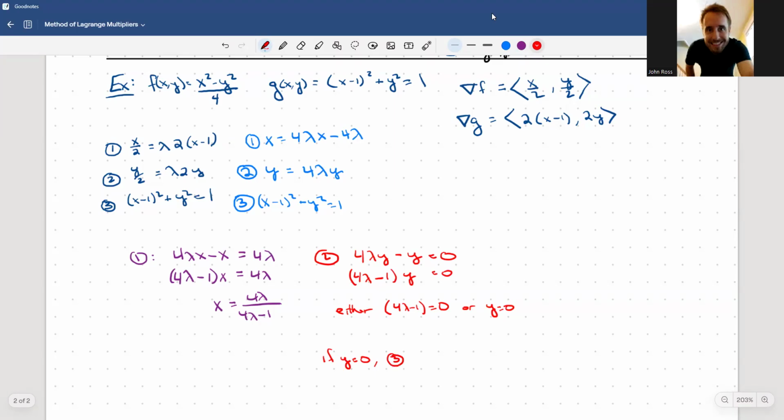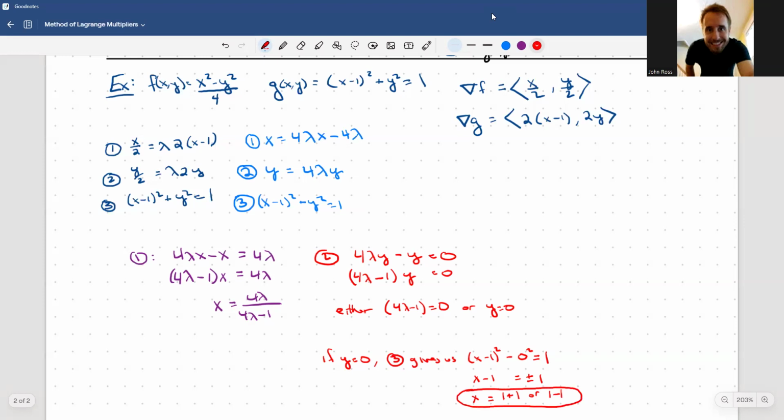So if y equals 0, 3 gives us the expression x minus 1 squared minus 0 squared equals 1. i.e., we're just going to get x minus 1 squared equals 1. So x minus 1 is equal to plus or minus 1. And so x could be either 1 plus 1 or 1 minus 1.